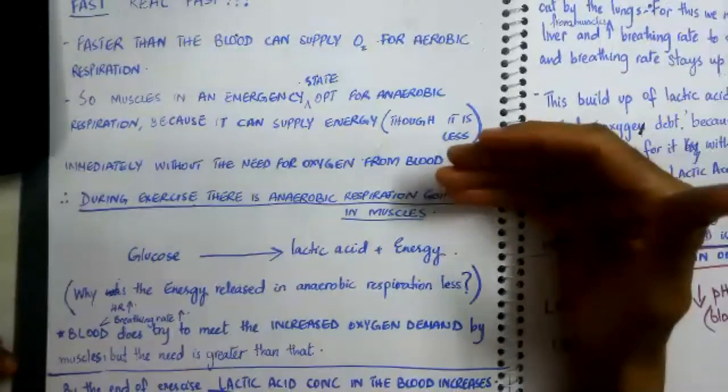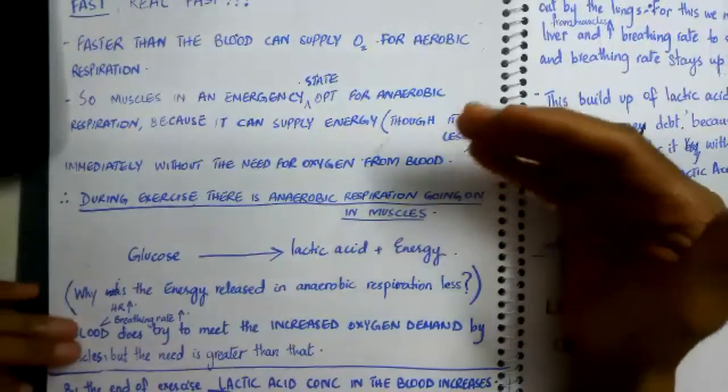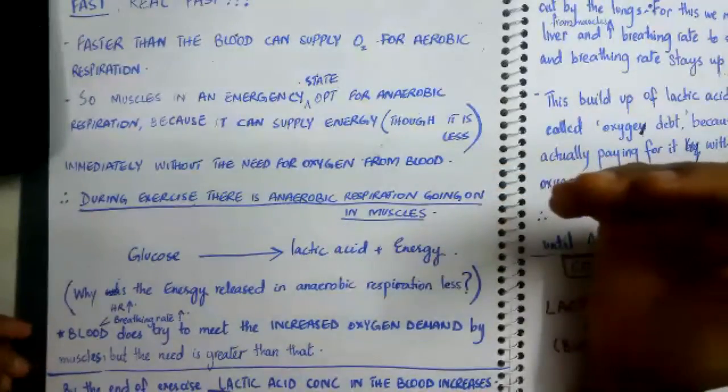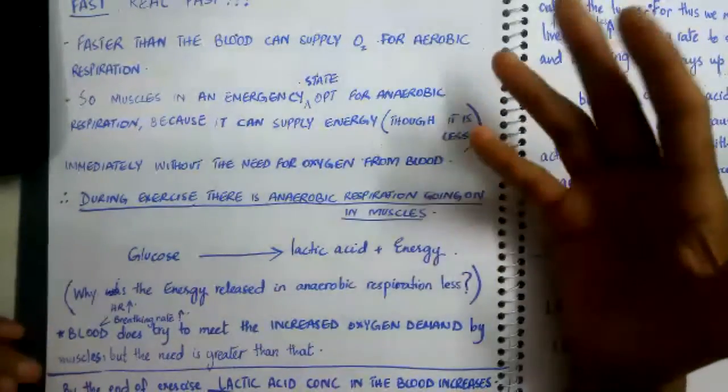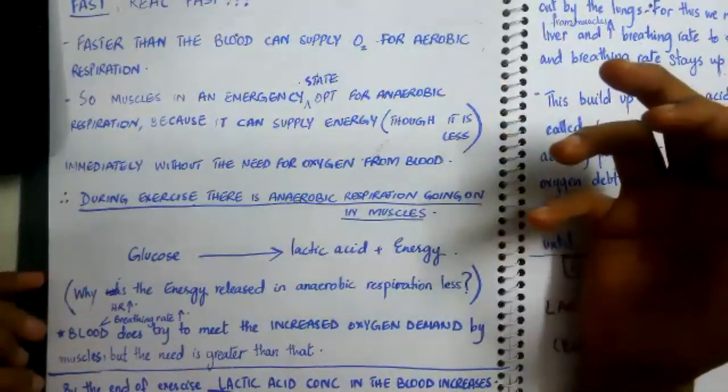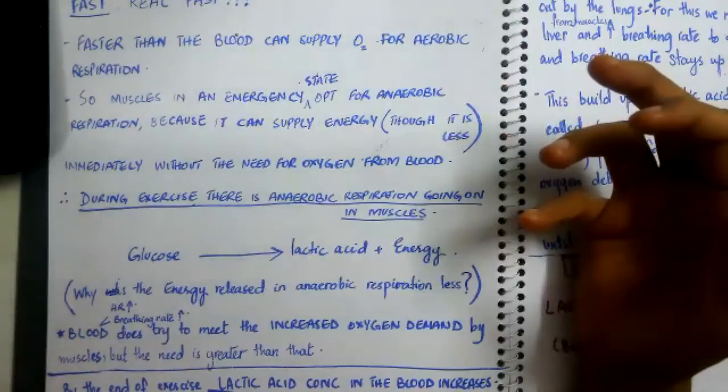But carbon dioxide is also being produced fast because respiration is going on fast. Because more energy is required, more glucose is burning in oxygen to give carbon dioxide.